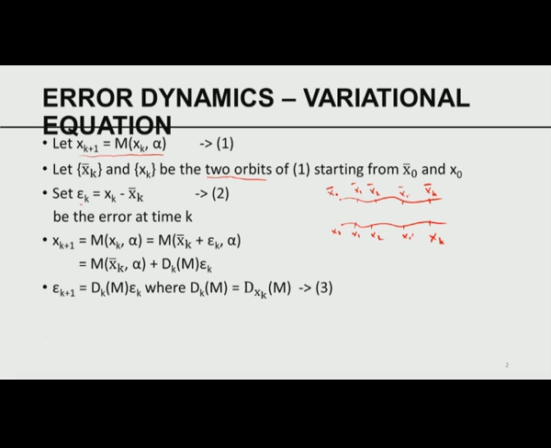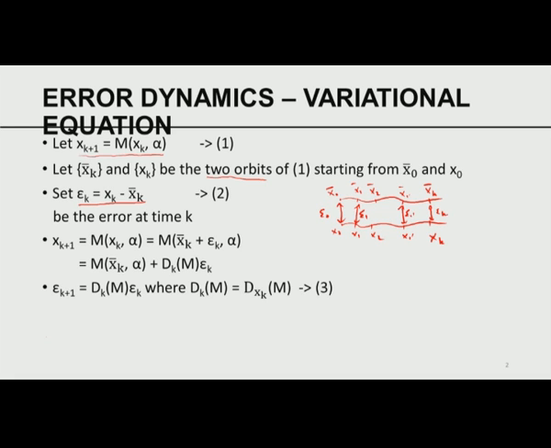Let epsilon_k = x_k minus x_k bar. Therefore the initial difference is epsilon_0. Then this difference is epsilon_1, this difference is epsilon_i, this difference is epsilon_k.